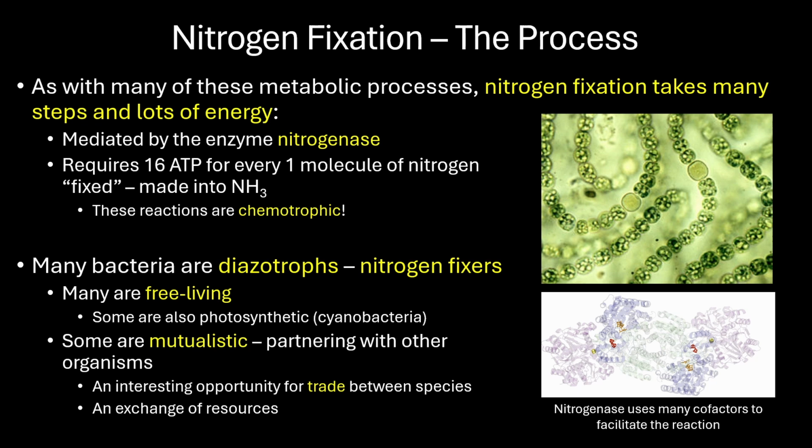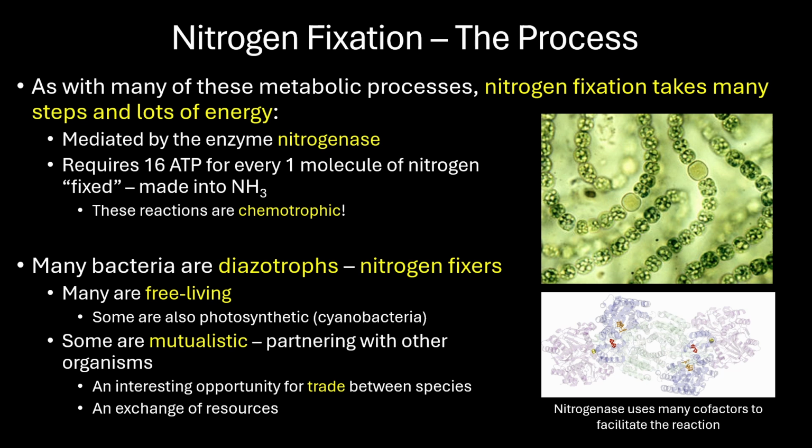But some of these organisms are also mutualistic, meaning that they have a partnership with some other organism. And it's really cool because being able to make an accessible form of nitrogen is very useful for a lot of organisms who otherwise don't have the ability to do that. And so this creates an opportunity to trade with other species for other resources that maybe you don't have in abundance.